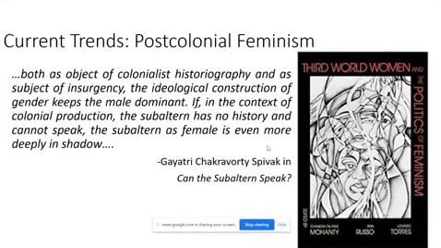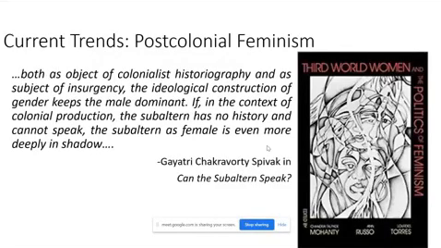But here she is stating that both as object of colonialist historiography and as subject of insurgency, the ideological construction of gender keeps the male dominant. If in the context of colonial production, the subaltern has no history and cannot speak, the subaltern as female is even more deeply in shadow.